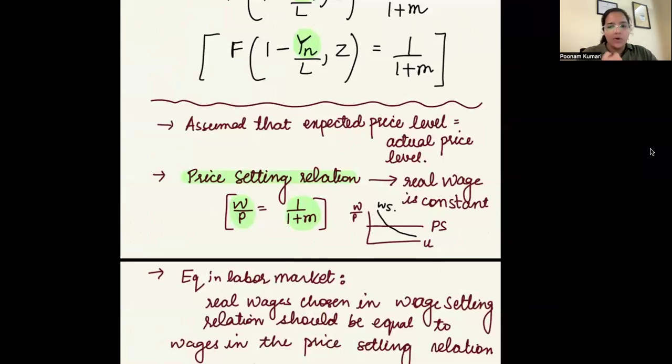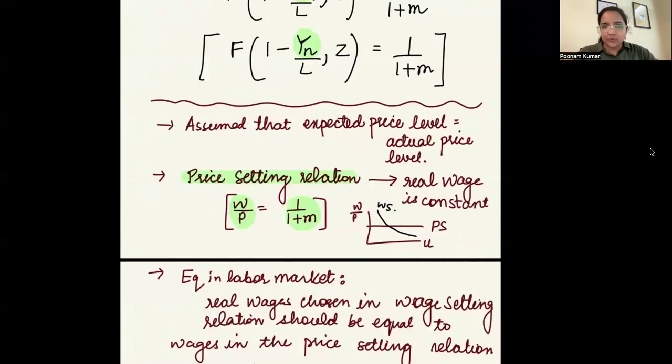We understood how a worker demands wages. So we said if the market conditions are not good, if the unemployment rate outside is very high, people will be willing to accept a lower amount of wages, right? And then we also saw that their bargaining power also affects the amount of wages that they are willing to get. And then, we put a variable Z in order to incorporate for all these changes. So that is how we got the wage determination equation.